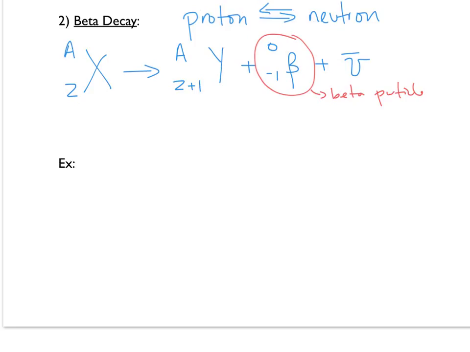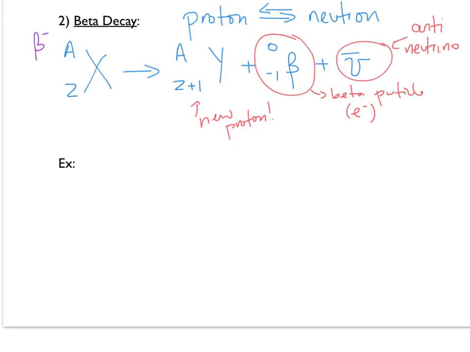So we have two different types of beta decay, beta minus and beta plus. In a beta minus decay, a neutron is lost and a proton appears, and the process produces an electron and something called an electron antineutrino. For the sake of time, we're just going to look at beta minus decays.